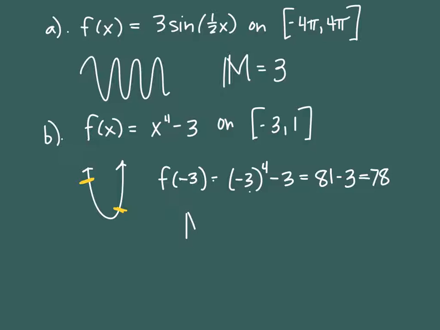And so the maximum for this is 78, which means all function values within that closed interval have a maximum bound of 78. It will never be higher than that. Any question about maximums?